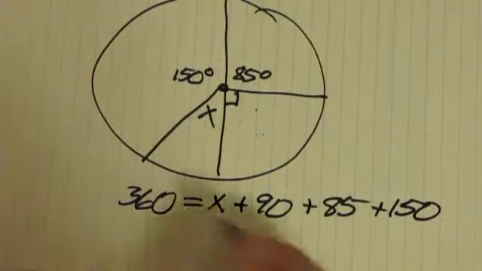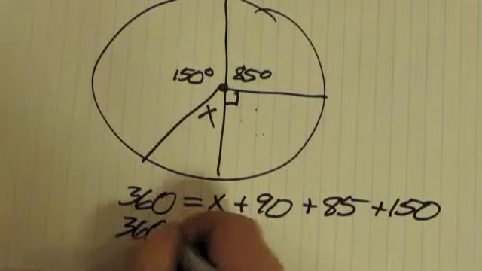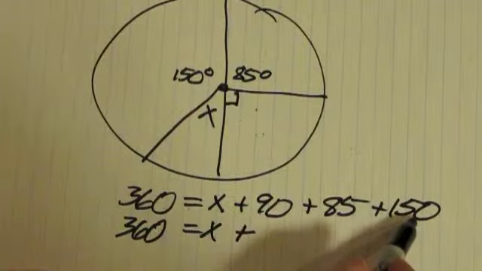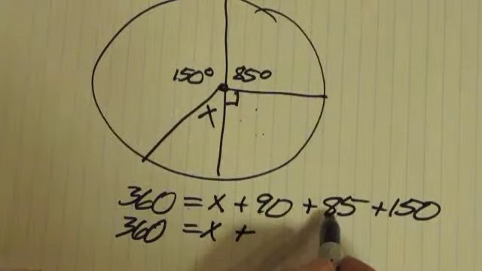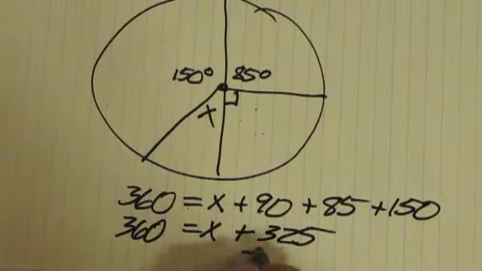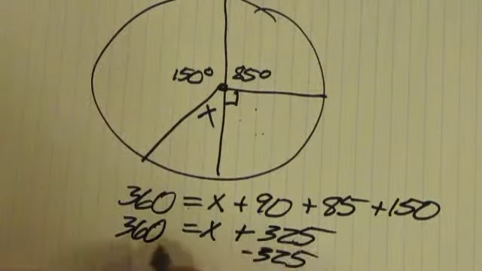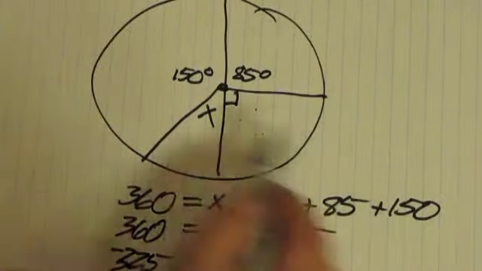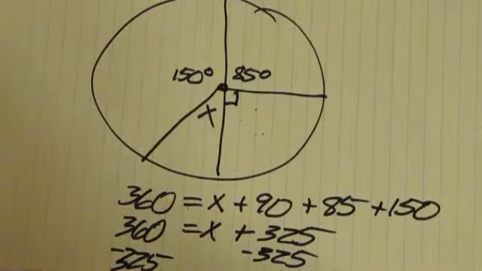And when I add those together, I get 360 equals x plus 325. And then to finish the algebra, I subtract 325 from both sides, and I end up with 35 degrees is equal to x. So the measure of this angle is 35 degrees.